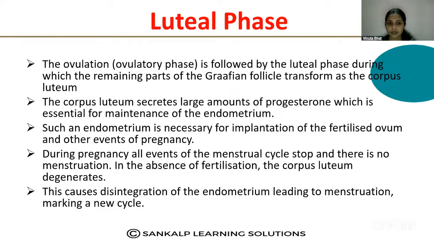This progesterone helps in the maintenance of the endometrium. It is called the pregnancy hormone, which maintains the endometrium and helps to attach the fertilized zygote to the uterus. If there is no fertilization, the corpus luteum degenerates and the endometrium lining is shed, which marks the beginning of a new cycle.